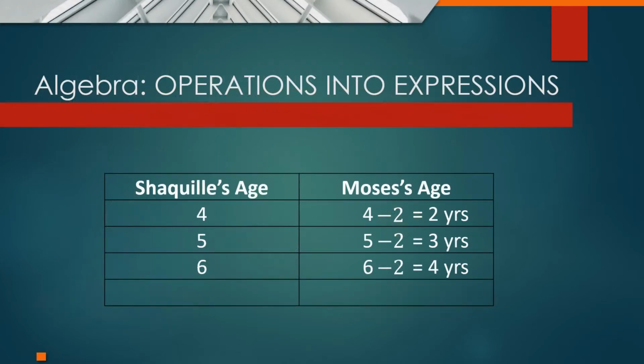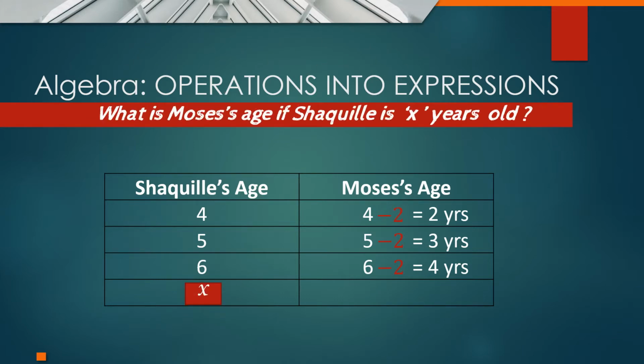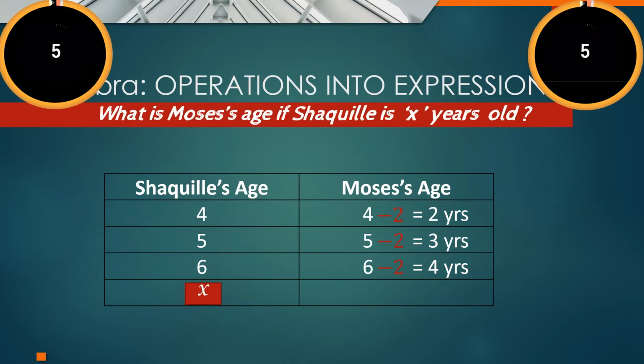And here we are. Notice a general trend for Moses' age of minus 2 for every entry of Shaquille's age. Which brings us to our first question about the relationship between Shaquille's age and Moses' age. And that question is, what is Moses' age if Shaquille is X years old?